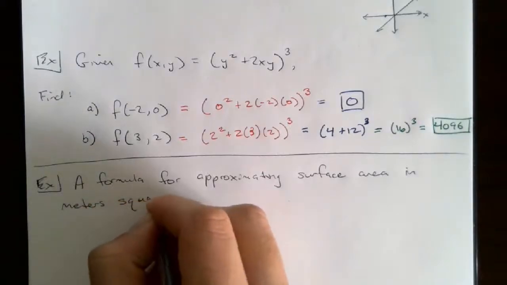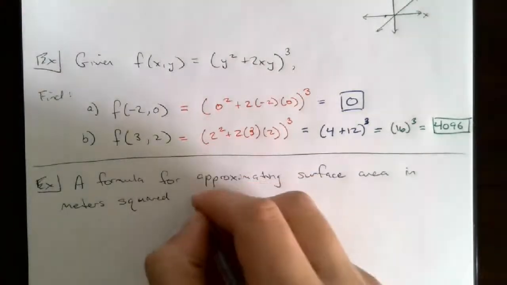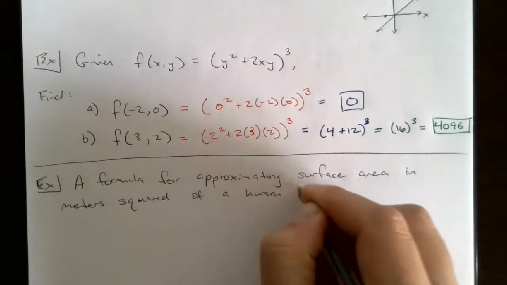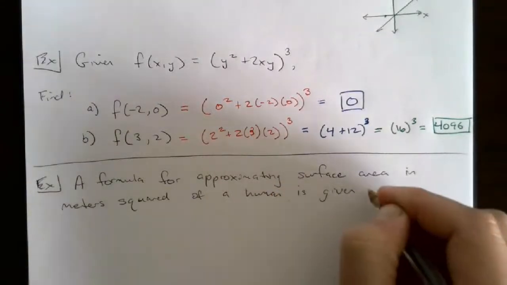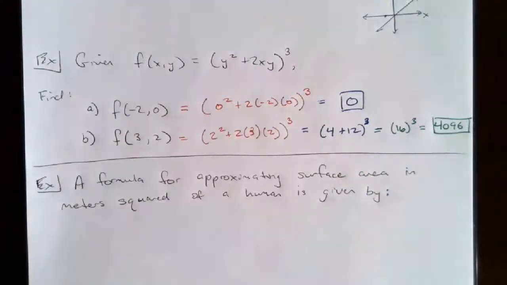Remember, area has units squared. So in meters squared of a human is given by, when I talk about the surface area of a human, I'm really talking about their skin, right?